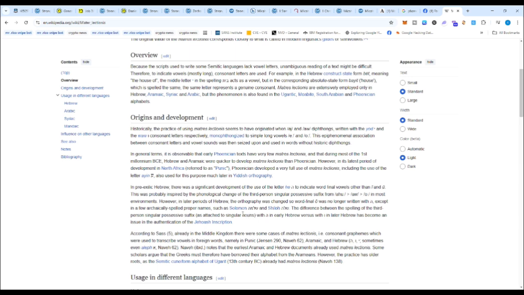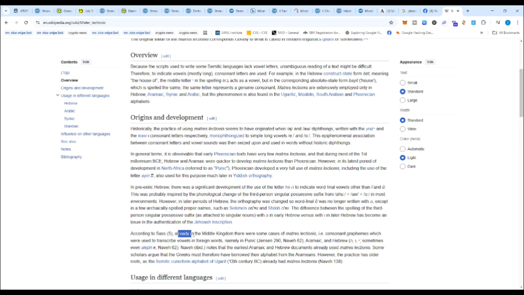However, in later periods of Hebrew, the orthography was changed, so word final o was no longer written with hey, except in a few archaically spelled proper names, such as Solomon and Shiloh. The difference between the spelling in the third person singular possessive suffix with the hey in early Hebrew versus the vav in later Hebrew has become an issue in the authentication of the Yoash inscription.